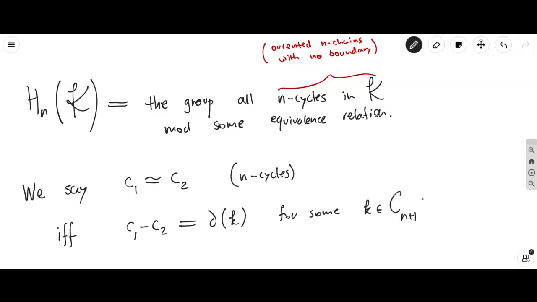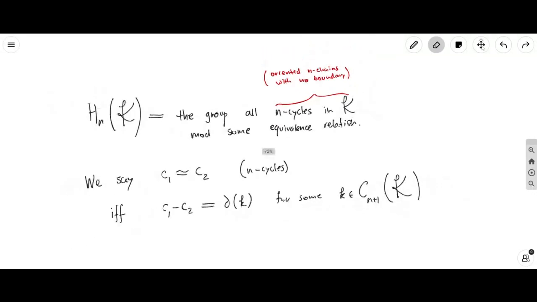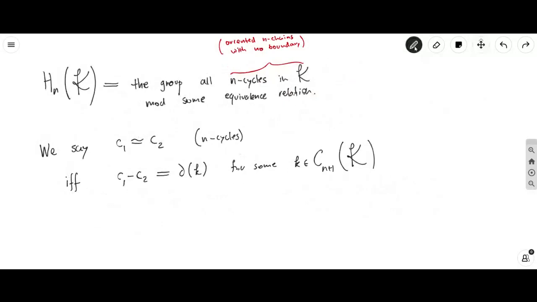You can find an oriented n+1 dimensional simplex sitting inside your complex whose boundary will give you that difference. So that's the equivalence relation that you're introducing here. Now, if you want to be a little bit fancier, you can say, going back to our definition, this is the fancier version.